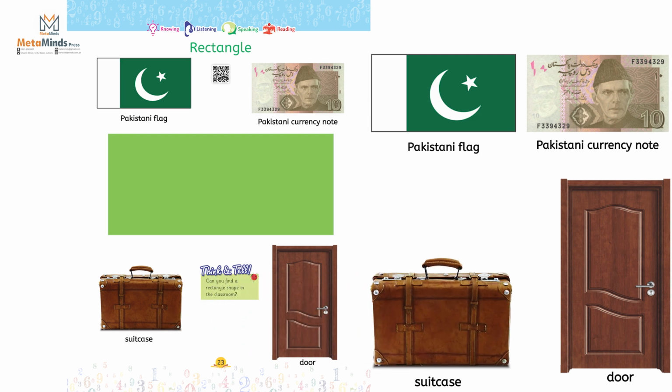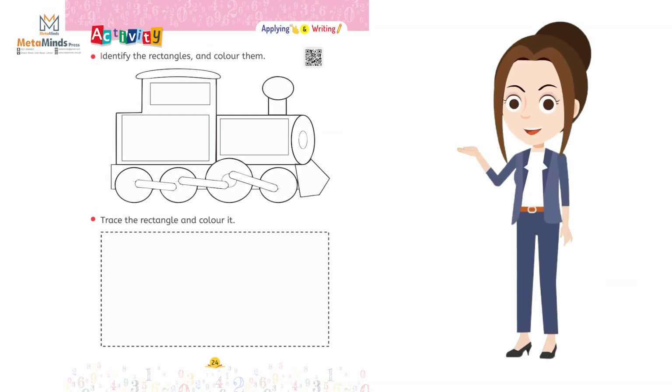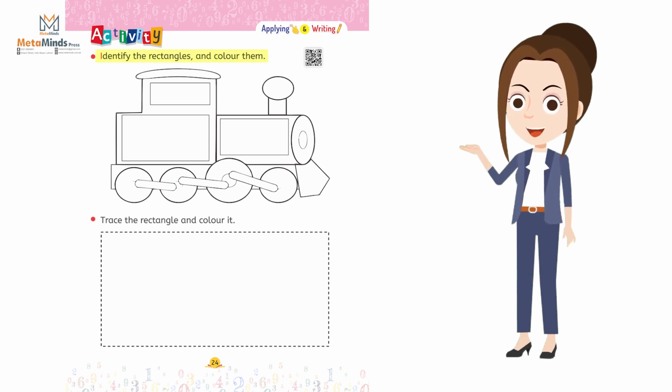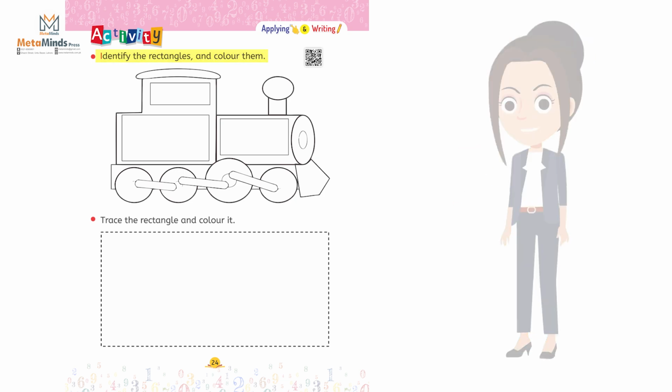These are the examples. Can you find a rectangle shape in your classroom? Is there anything which is rectangular shape? Yes, the soft boards are also rectangular in shape. The activity page of rectangle is so interesting, in which you just have to identify the rectangles and color them.